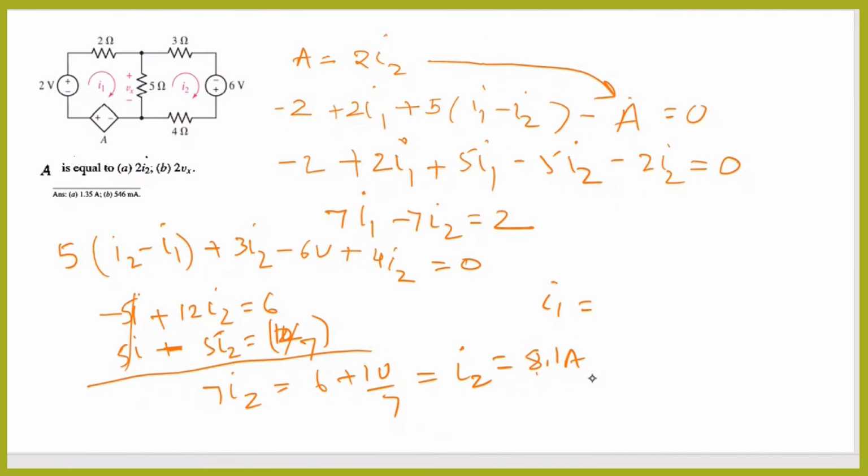You substitute 8.1 here, 2 plus 7 into 8.1 divided by 7.